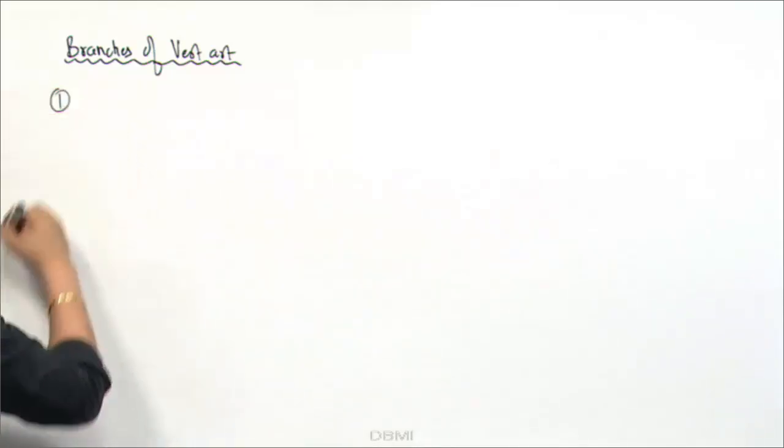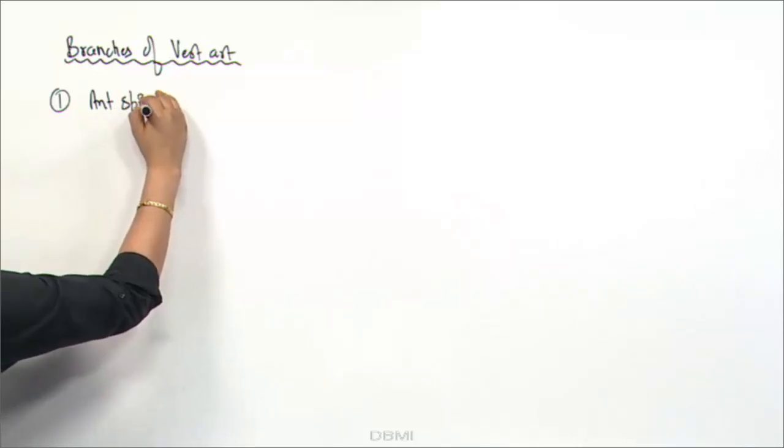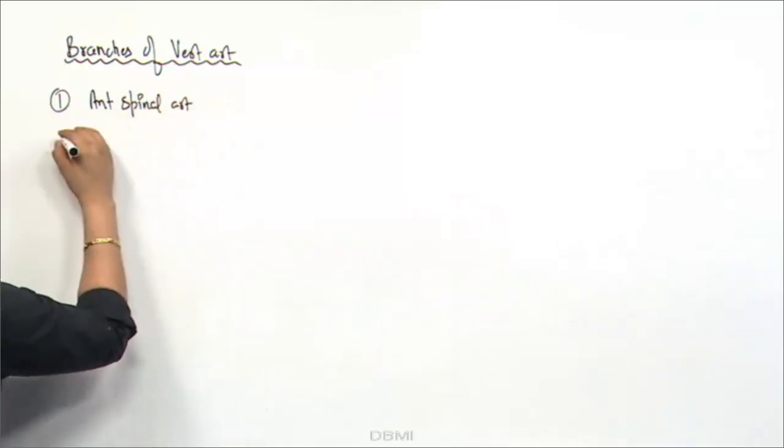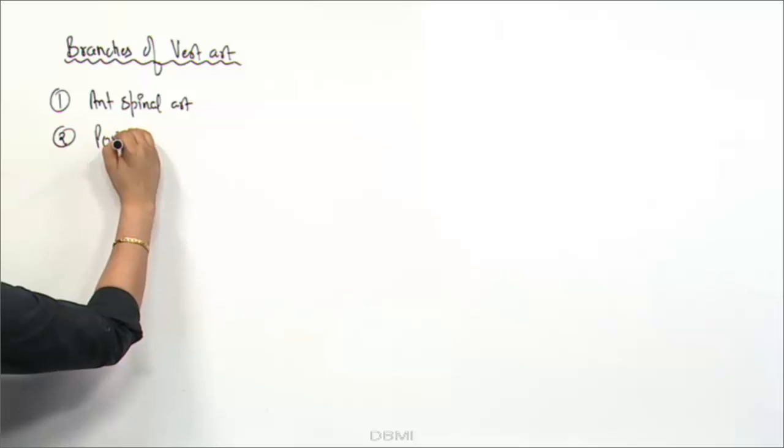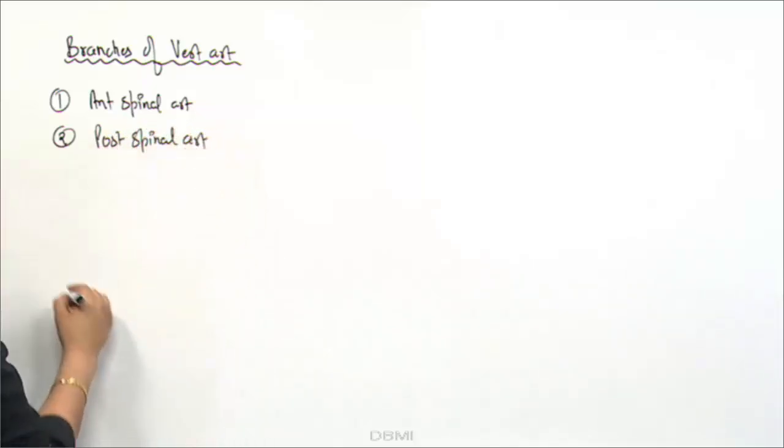So the branches of the vertebral artery are the anterior spinal artery and the posterior spinal artery, which supply the medulla oblongata as well as the spinal cord.